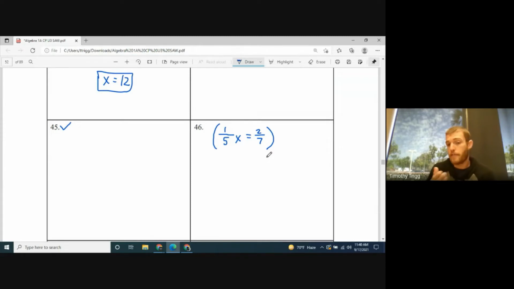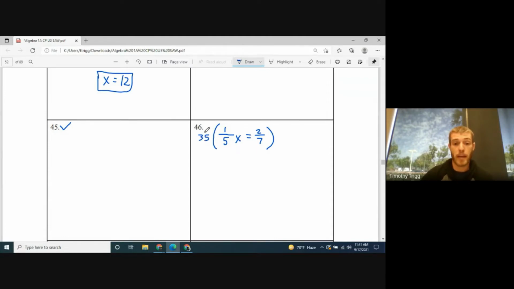In the case of 5ths and 7ths, what would be the lowest common denominator? You could always list out their multiples, right? The multiples of 5: 5, 10, 15, 20. And the multiples of 7: 7, 14, 21, and so on, until you find one they have in common. In this case, the lowest common denominator will be 35.